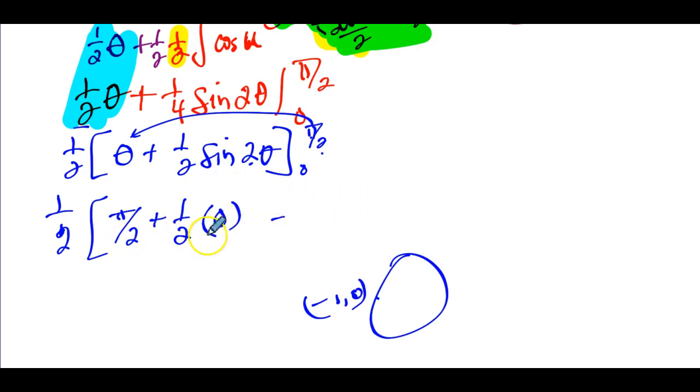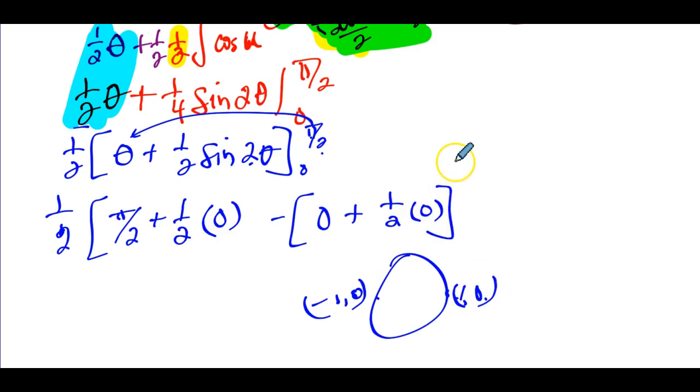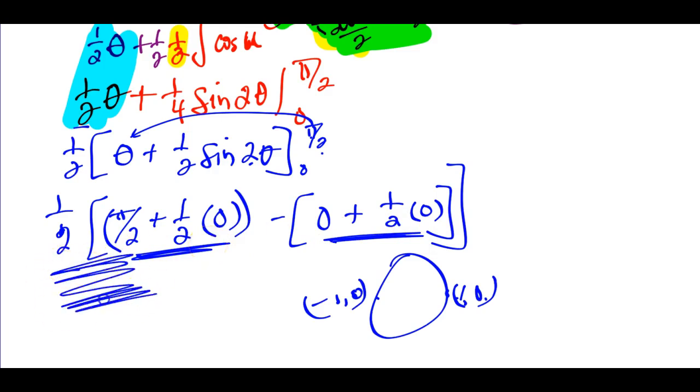Minus, so this is your f of b minus f of a, which would be 0 plus 1/2, and then what's the sine of 0? Well, that's also 0. So there's my f of b, there's my f of a. Looks like I have a bunch of zeros in here, and the only thing left is this 1/2 times pi over 2, which is pi over 4.